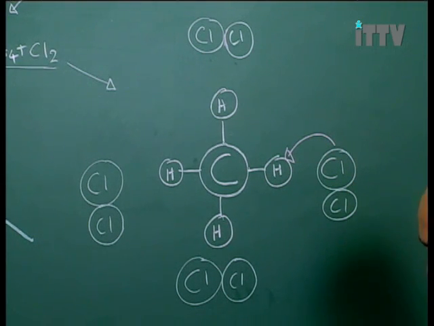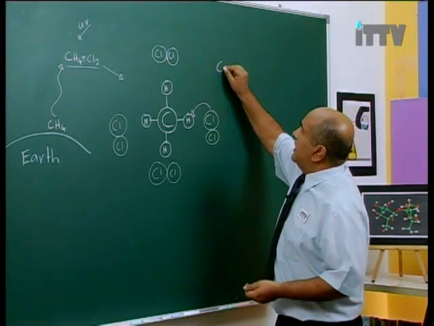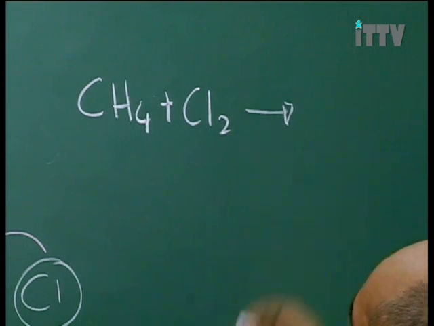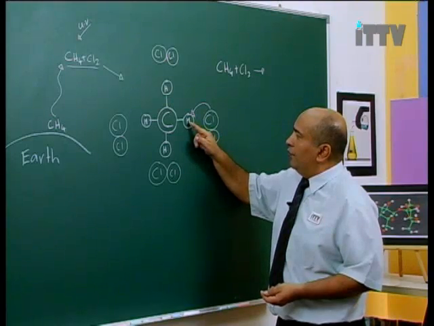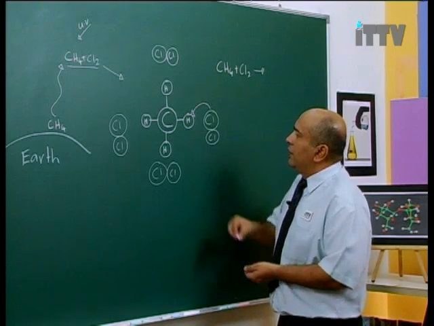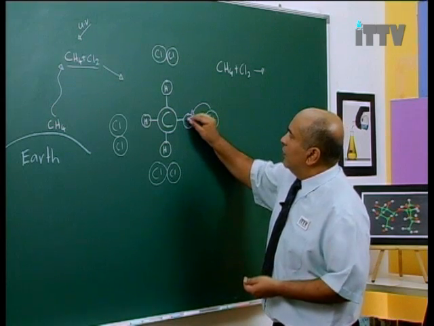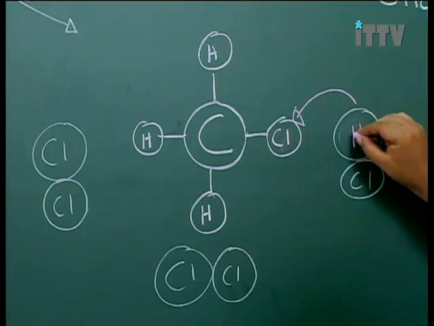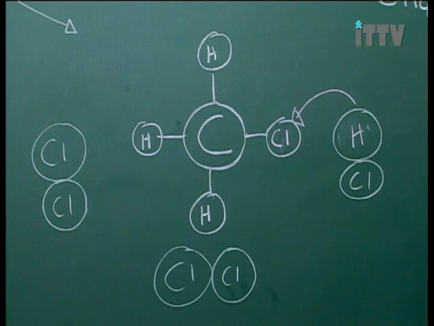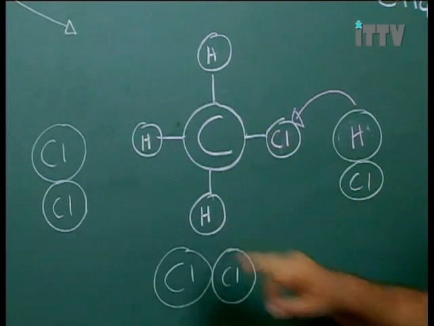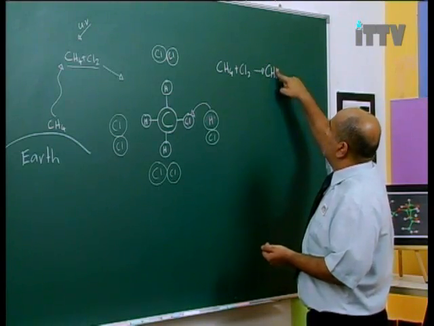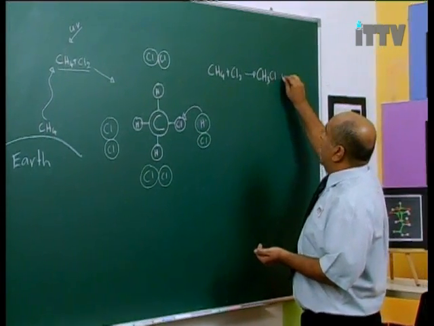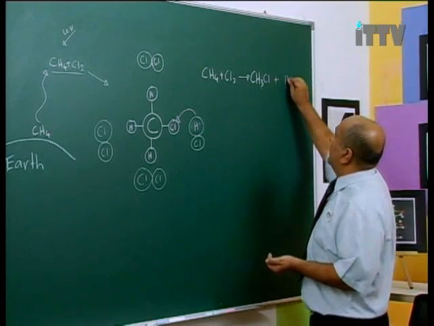So let's write this equation out. We have CH4 plus Cl2. Now, as I said, this chlorine is going to go over here and this hydrogen is going to come out. So let's replace this with Cl and replace this with hydrogen. So my product now is CH3Cl, plus I get HCl over here.